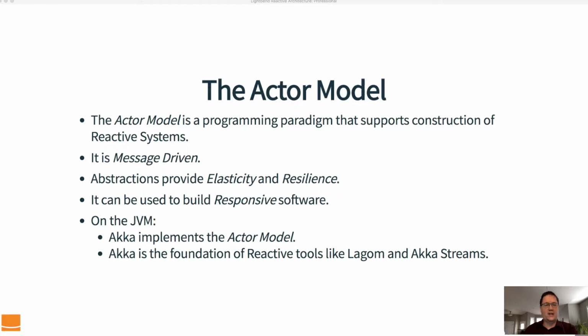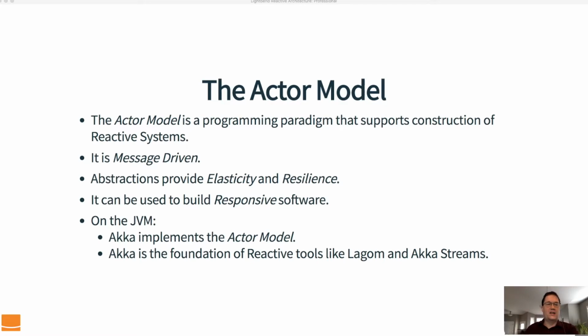Because of the fact that it is message driven, it makes it very easy to make it elastic and to make it resilient. And so there are a number of facilities inside of the actor model that allow you to do that. And that includes things such as location transparency, which is one of the big ones.